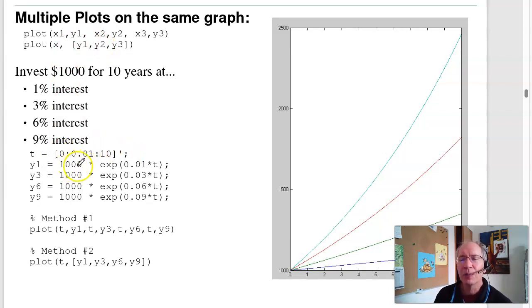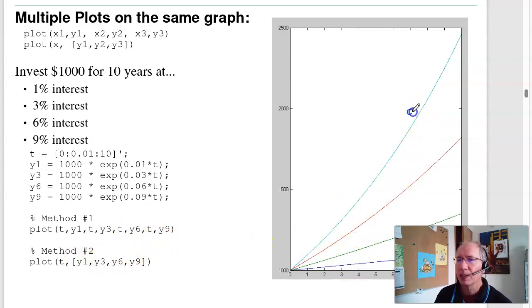At 1% interest, it's my initial value increasing as e to the at. At 3% interest, it's $1,000 increasing as e to the at, 6%, 9% interest. Now plot. I can plot time versus y1, time versus y3, time versus y6 or y9, or in this form, either one works.